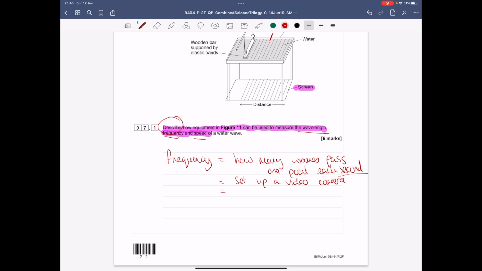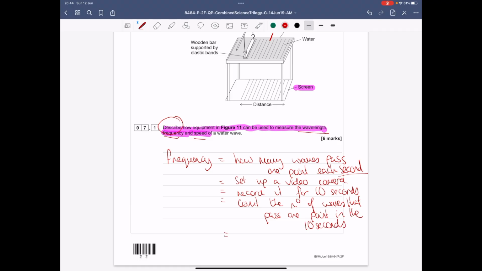You would then record it for 10 seconds. You can then go in slow motion if you need, but you count the number of waves that pass one point in the 10 seconds.